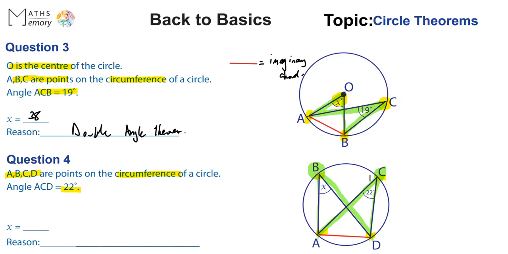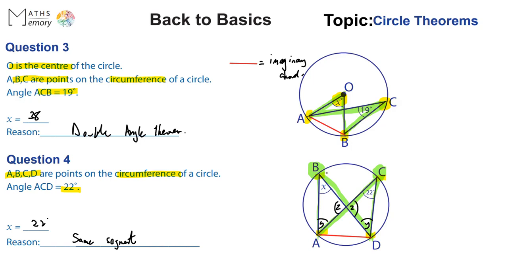This one is called the same segment theorem, and it's circumference and circumference. If you think about it like that, they're both the same. It looks like a butterfly. That's how we identify this, and it is 22 degrees. It's worth saying as well, these two would be the same as well. They are called y and y, and these would be vertically opposite as well. Z and Z. The reason why: same segment theorem.